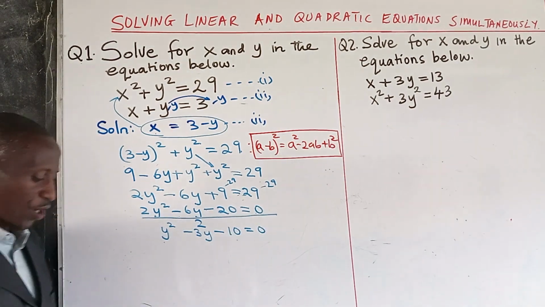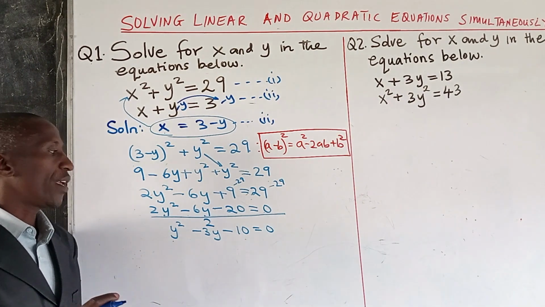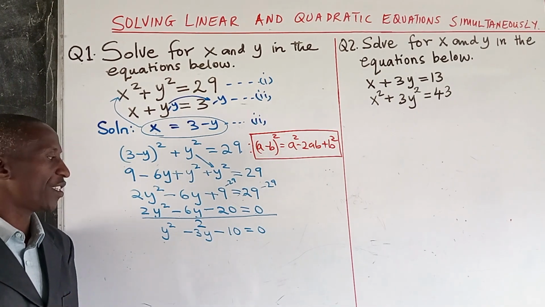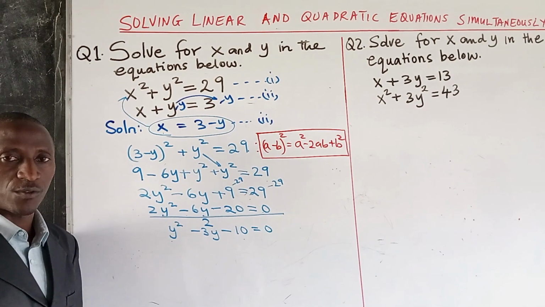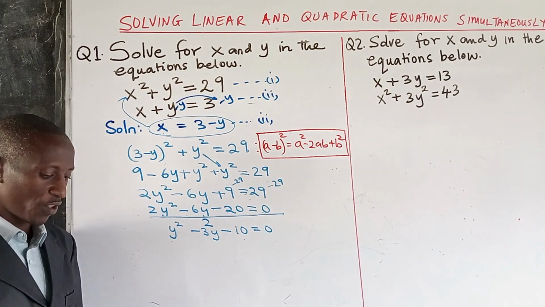Y squared minus 3y minus 10 is equal to 0. At this point, we decide, possibly we can use the simplest approach, that is factorization. We use the factorization method to work this one out.